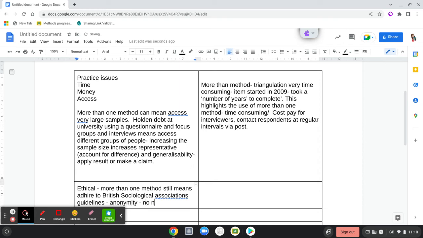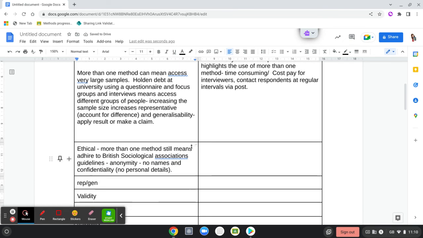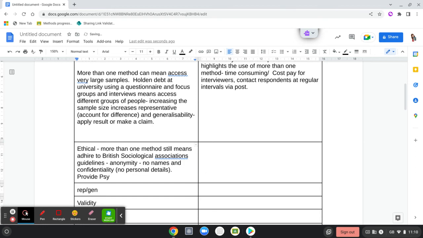So the use of no names and confidentiality, no personal details. We can also provide pseudonyms, or fake names.